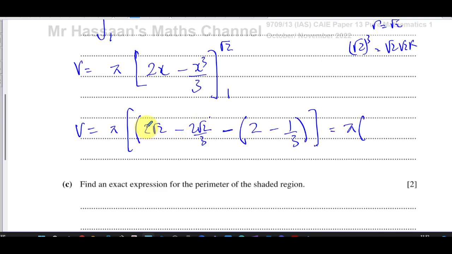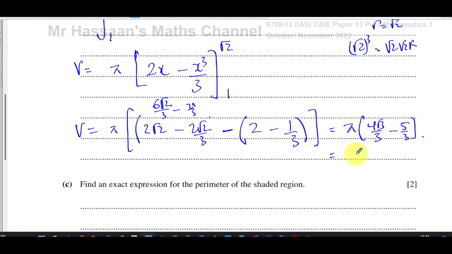That's like you could say 6 root 2 over 3 minus 2 root 2 over 3. That's going to give you 4 root 2 over 3 minus, and you're going to have 2 minus a third. 2 minus 1/3 is going to be 1 2/3. Okay, or you can say 6 over 3 minus 1 over 3.